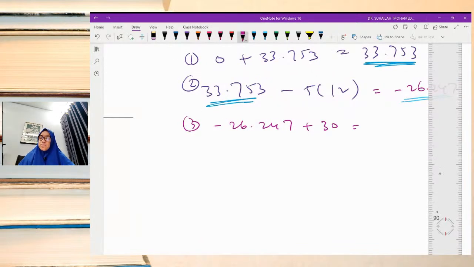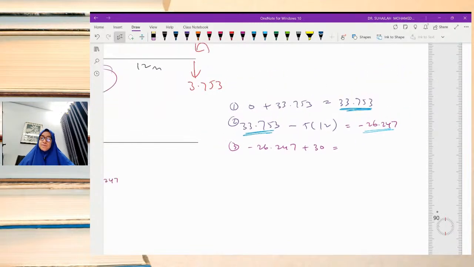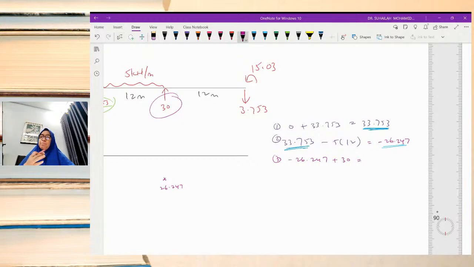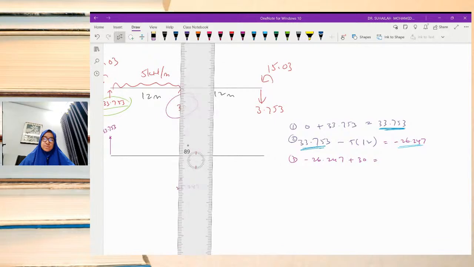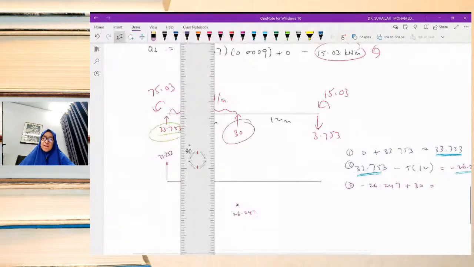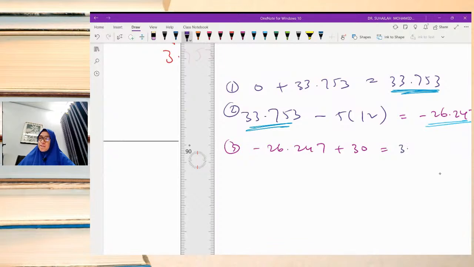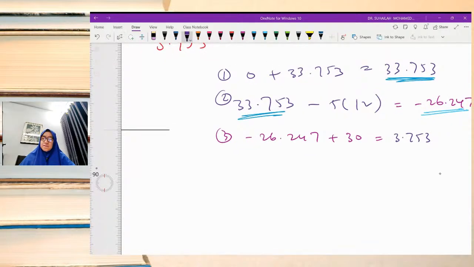Negative 26.247 plus 30 gives 3.753, on the positive side. Positive 3.753.